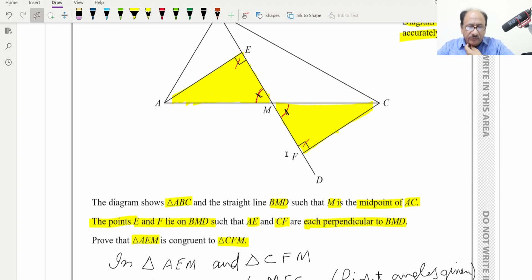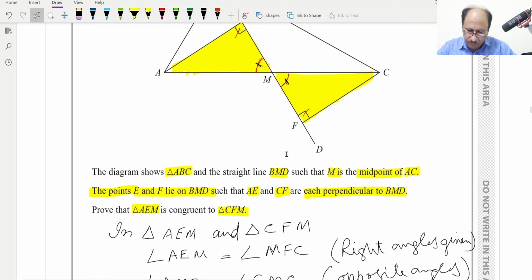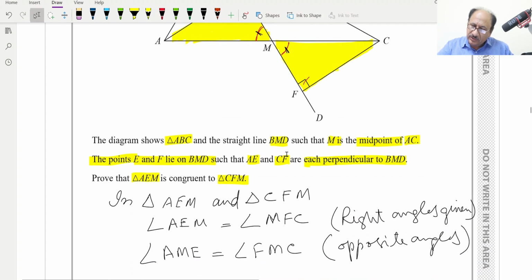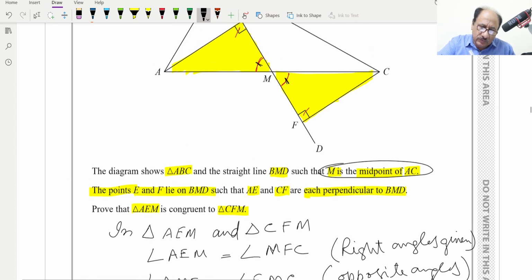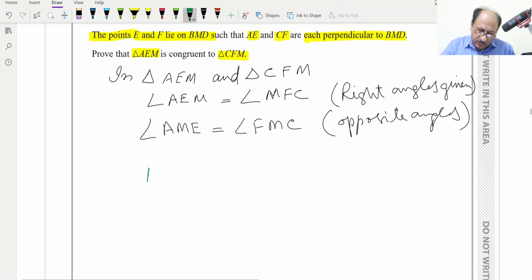In two triangles, when two angles are equal, the third angle is also equal. We can use that property, or we can use this property, M is the midpoint. It is provided that M is the midpoint of AC. So this side is equal to this side, or we can say AM is equal to MC.